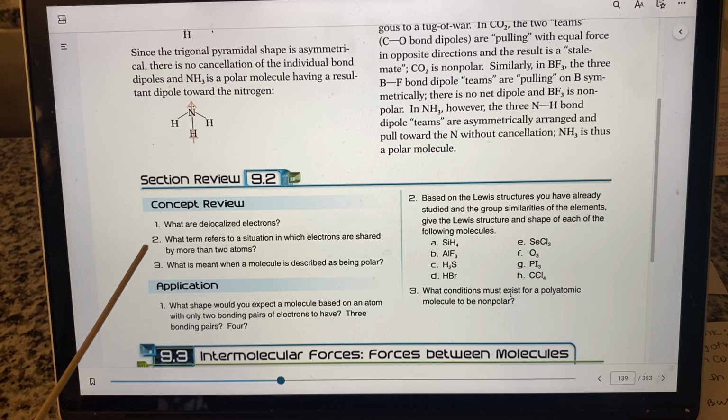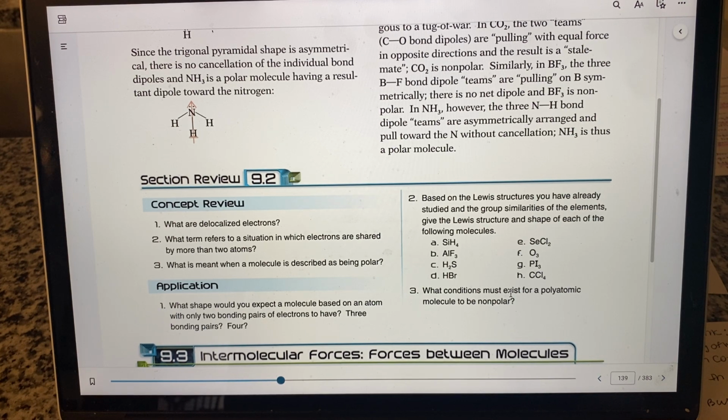On to the next: what term refers to a situation in which electrons are shared by more than 2 atoms? If electrons are shared, of course they're covalent bonds, because sharing means covalent. But if they involve more than 2 atoms, it's basically called delocalization. So number 1 answers number 2.